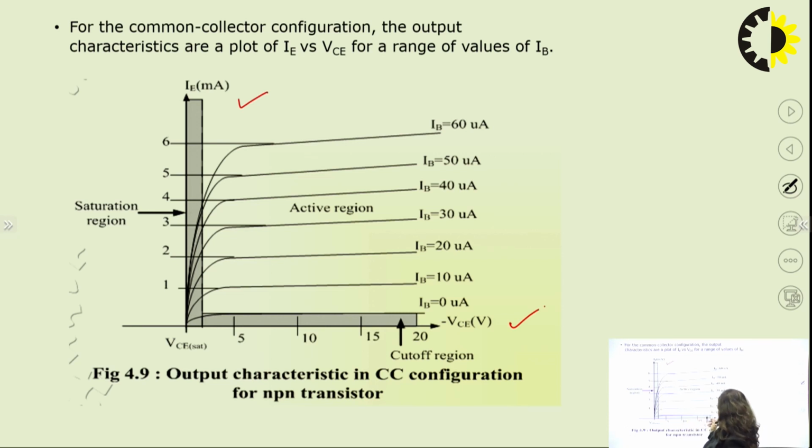When you start increasing VCE, the collector-emitter voltage, there is a change in the current. After the knee voltage, there is a sharp increase in the current. Before the knee voltage, there is a saturation region, and below IB equal to 0 microampere, there is the cutoff region. As earlier, we have a drastic change in the emitter current when you increase your base current from 0 microampere to 60 microampere.